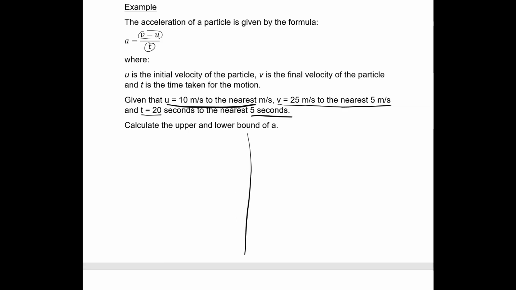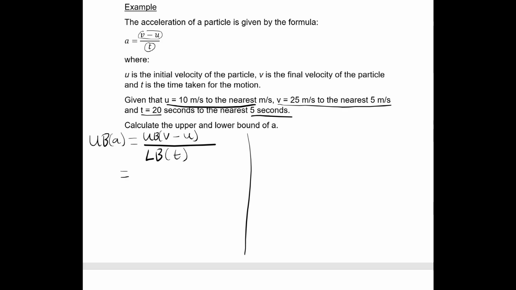So, first of all, looking for the upper bound of a, so we could say UB of a, upper bound of a, this is going to be the upper bound, or the maximum, of v minus u, because we want the numerator to be as big as possible, divided by the lower bound of t, because we want to divide by the smallest number possible.